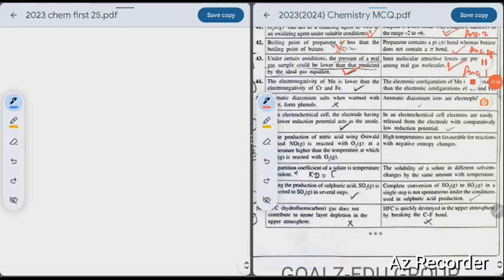Next, 44th question. The electronegativity of manganese is lower than the electronegativity of chromium and iron. So this is regarding the 3d block elements. If we write the 3d elements, I can write scandium, titanium, vanadium, chromium, manganese, iron, cobalt, nickel, copper, zinc.